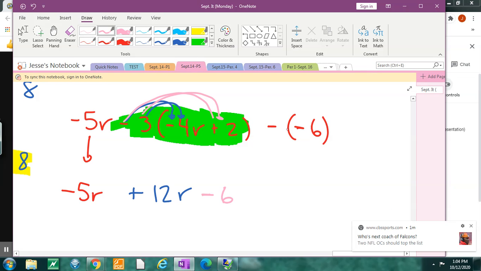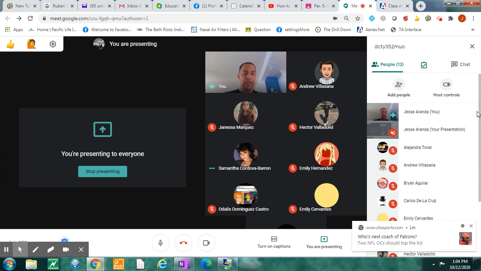Cordova, you see this one here? Cordova? The negative negative, that's the positive, because negative times negative is a positive, positive 6. Cordova disappeared. ¿Qué pasó? And then, let's see.